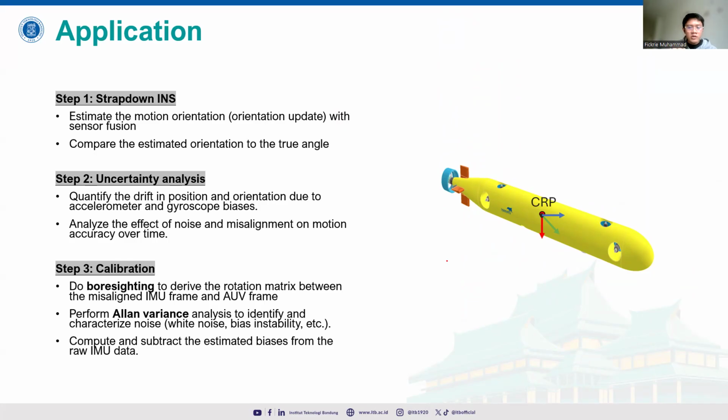And then we subtract the bias using the Allan variance and other deviations, or rather put that into our IMU data, so that our raw IMU measurement data will be incorporated with the noise and the bias extracted from the Allan variance.